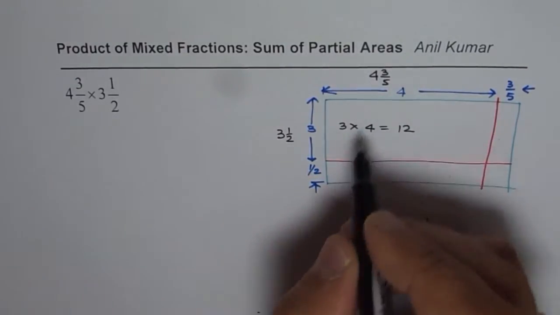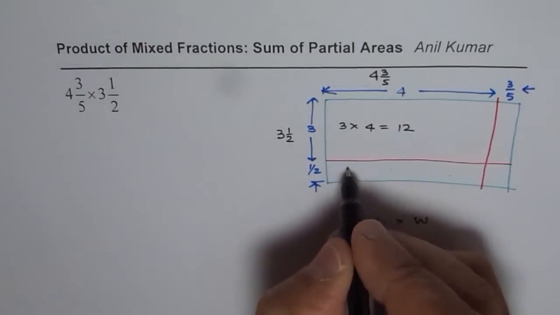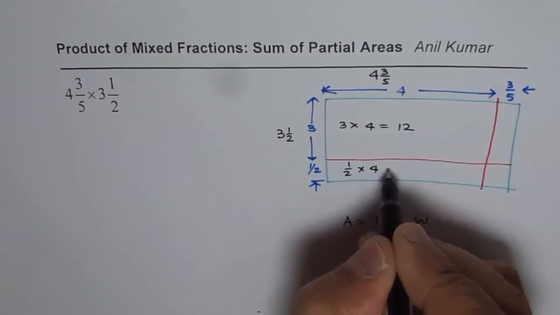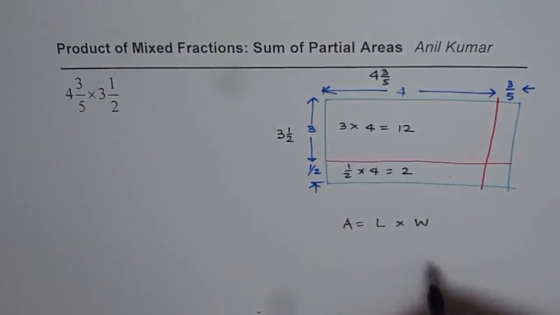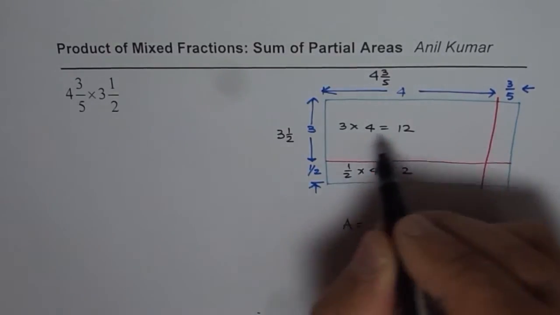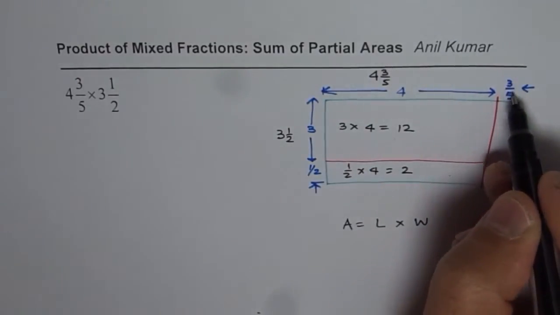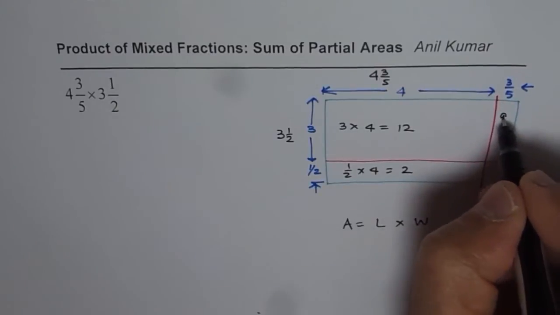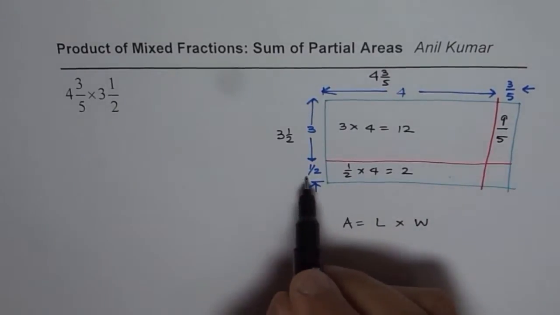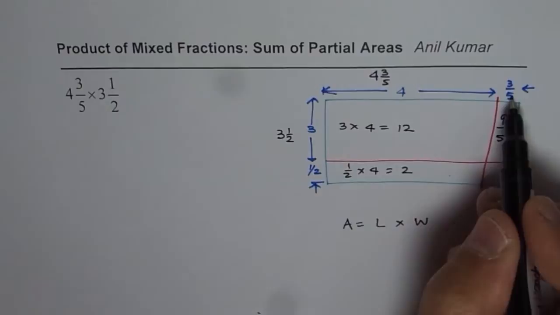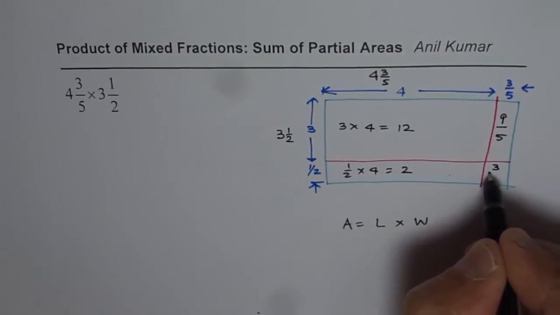This rectangle is half times 4, which equals 2. How about this one? It is the product of 3 times 3/5. When you multiply, you get 9/5 here. And that is half times 3/5, which means 3/10.